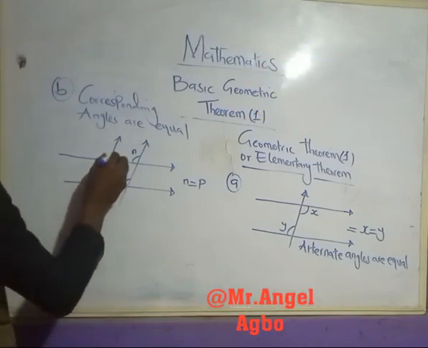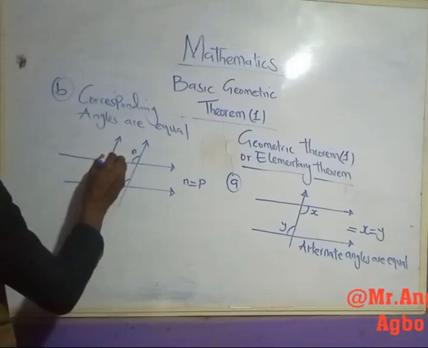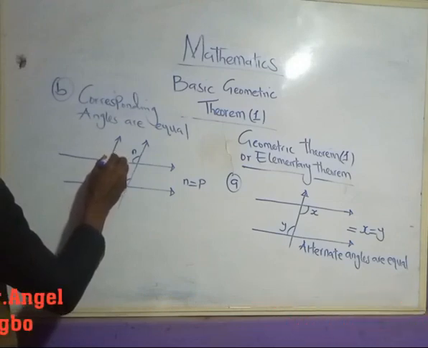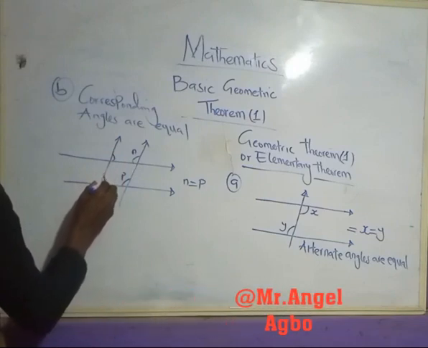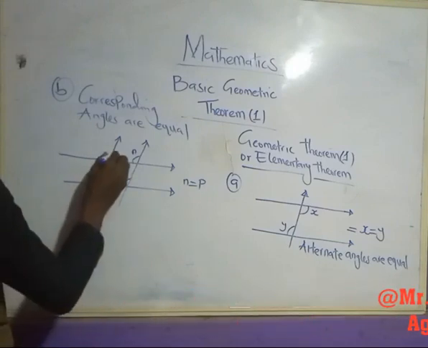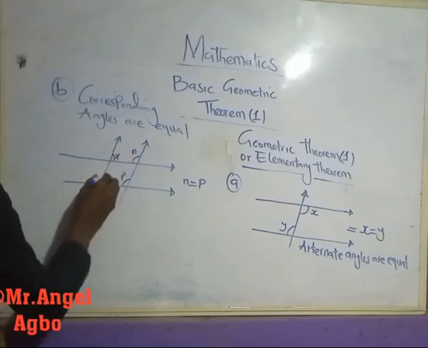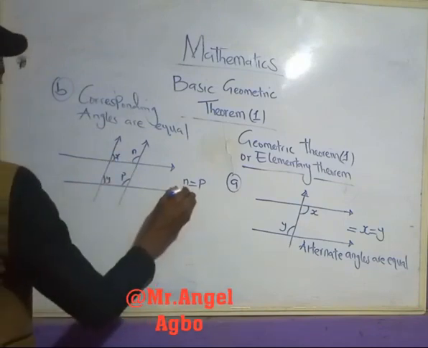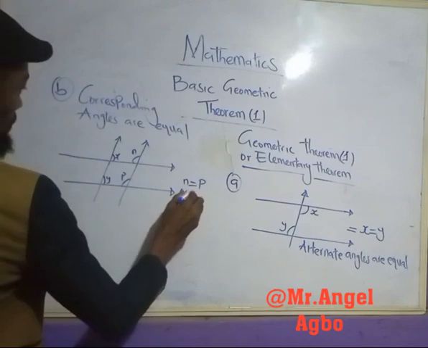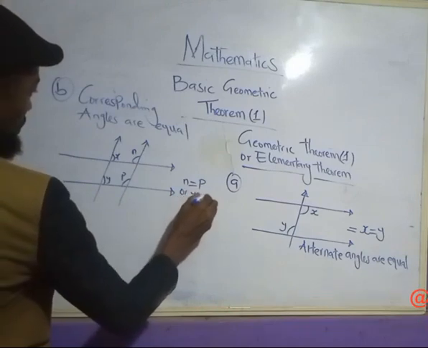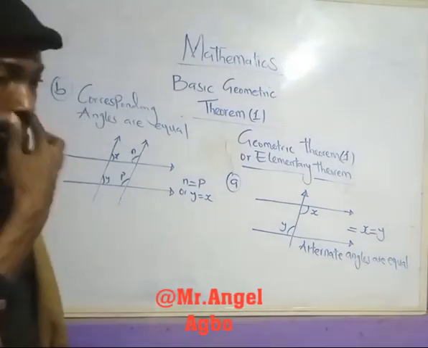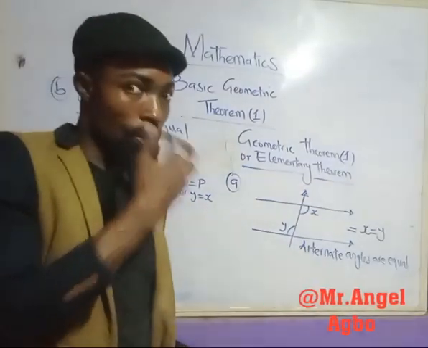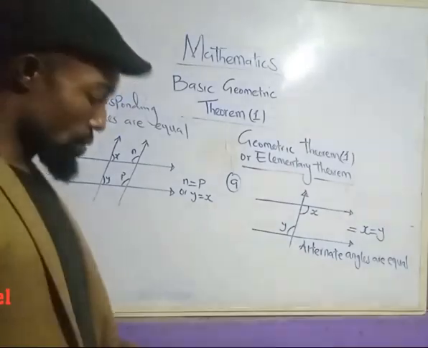Or we can also put it this way. This one as X, while this one is Y. Y is equal to X because they are corresponding angles.